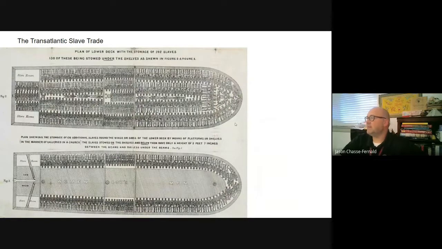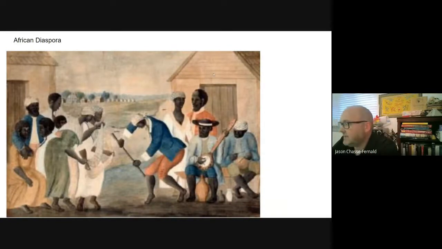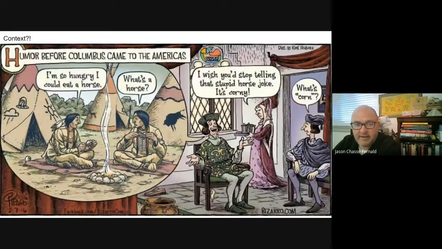People are part of the Columbian Exchange, and the diffusion of not only crops from the African continent, but also African culture and religions. We'll talk about that today as well. The African diaspora will have major cultural implications on the Americas.